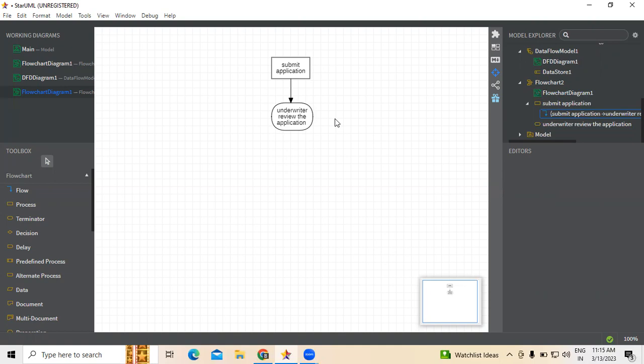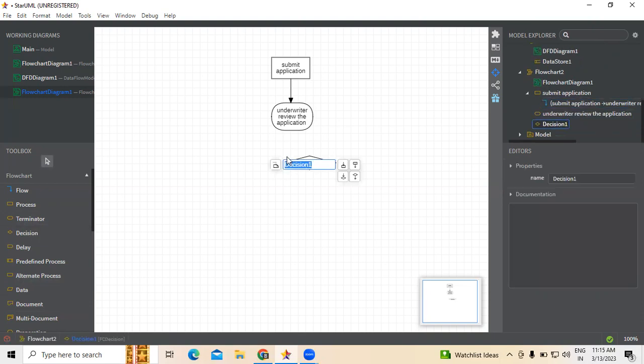Once the underwriter has reviewed the application, they have to see whether any more information is required here or not. That will be decided here. This is where generally the process will be.